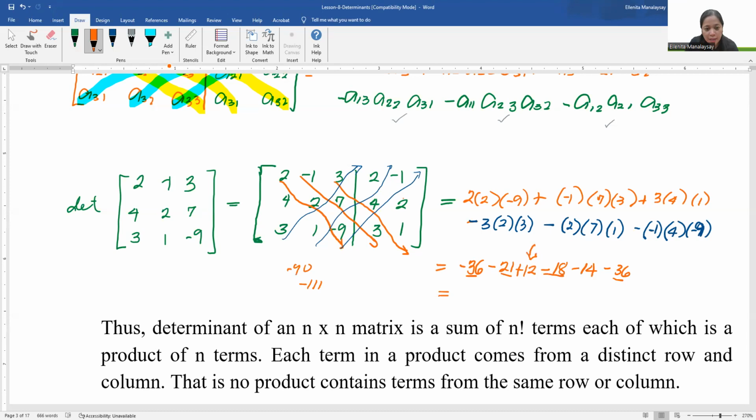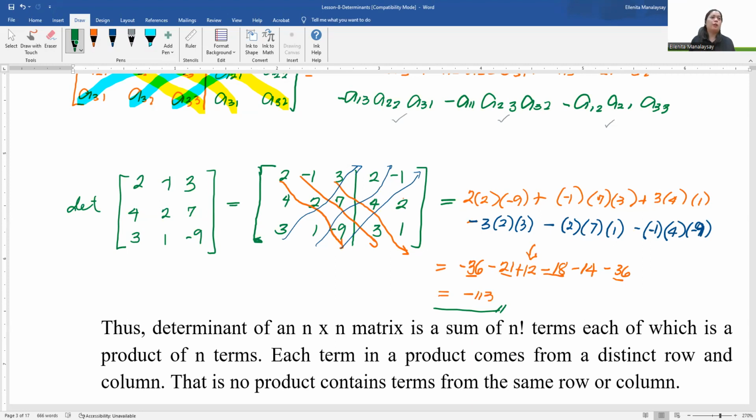And then we have plus negative 14, so negative 125. Negative 125 plus 12 is negative 113. So the determinant of this 3 by 3 matrix is negative 113. Okay, so that's how we get the determinant.